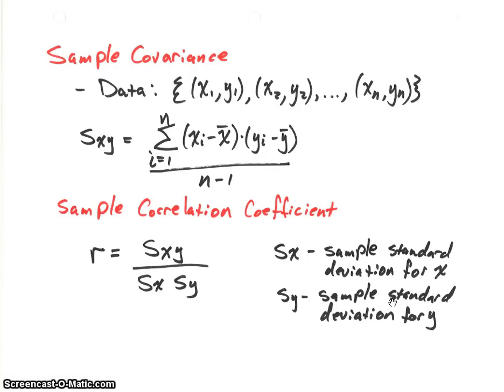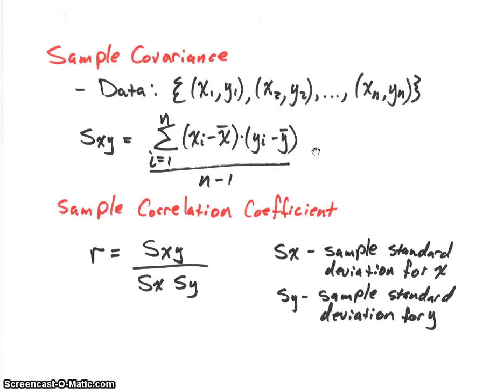The sample covariance is a value that we find using both the x and the y data in our bivariate data. So suppose we have a set of n data values, and we have an x and a y value for each one of those. If you remember, when we did the variance for a single variable x, we would take x minus its mean, squared, sum all those up and divide by n minus 1.